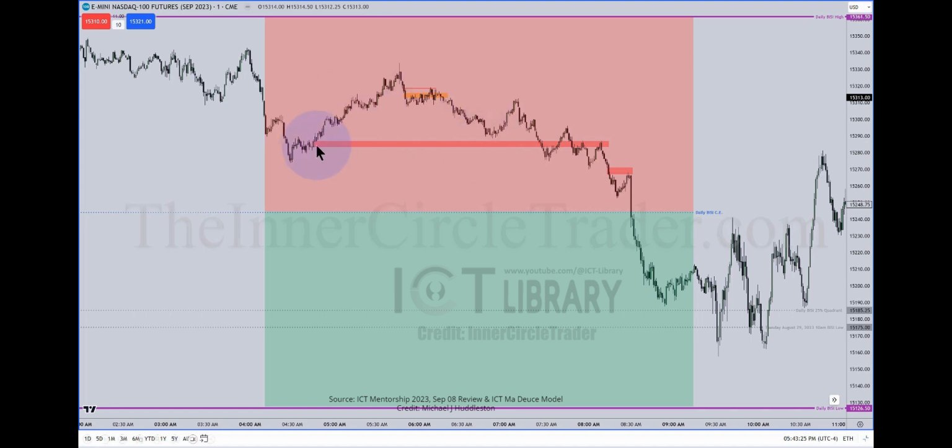So that PD array, it's an advanced version or application of inversion fair value gap, but it takes you right back to the core context of where are you in price, what's it likely to go to next, and are you in a short-term premium or short-term discount? If we're bearish and we're in premium, we can anticipate price reaching down into a discount, but not some random level, very specific levels. And it need not go to the best case scenario, which would be the low.